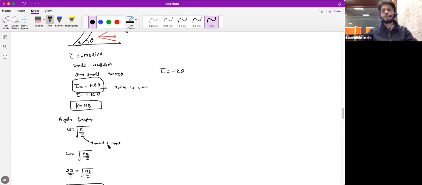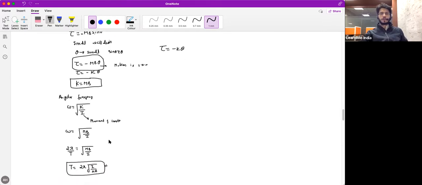I stands for moment of inertia. It's rotation, so it's angular SHM.